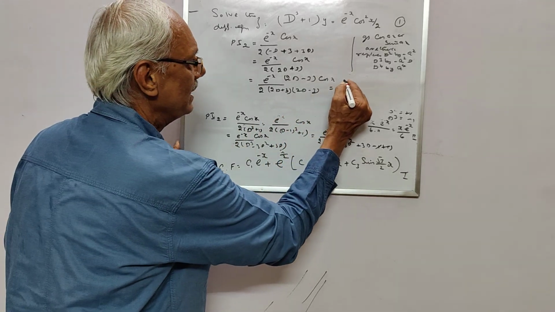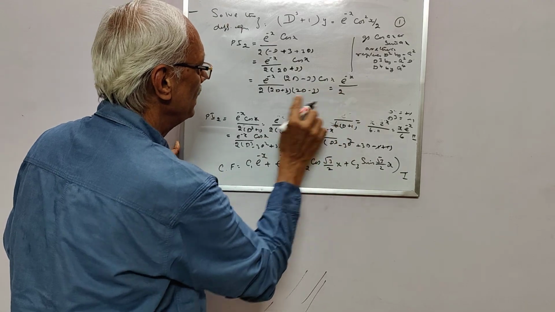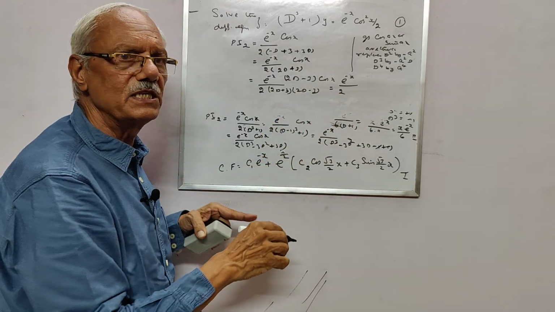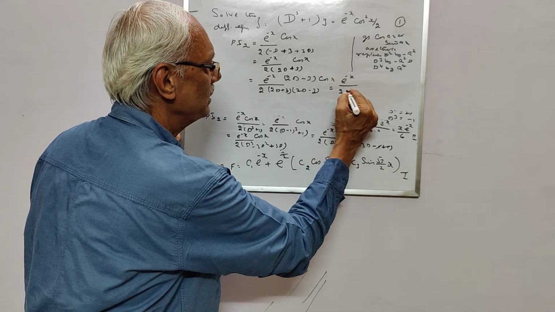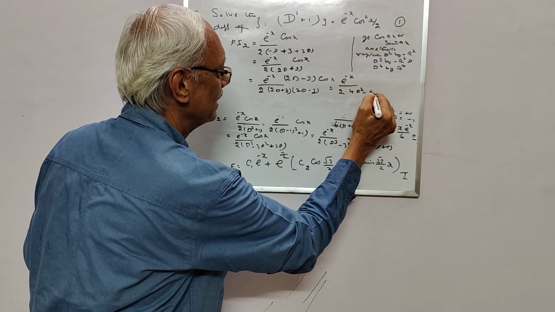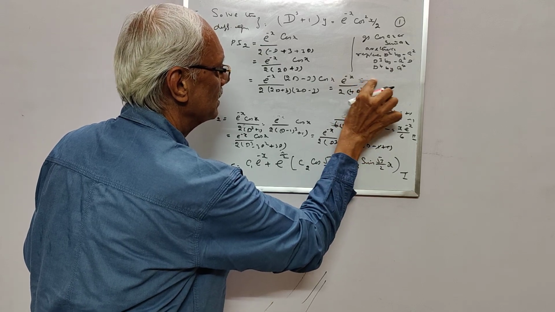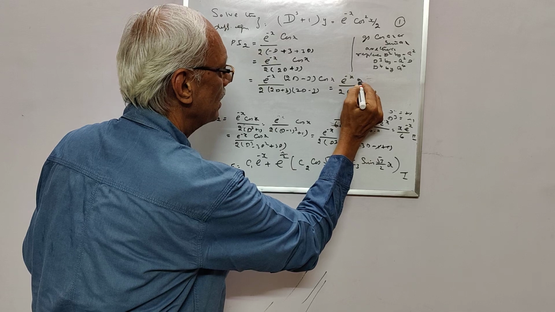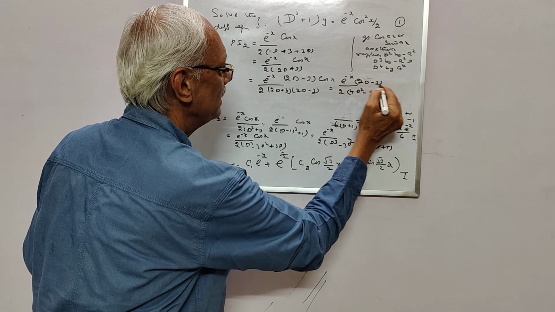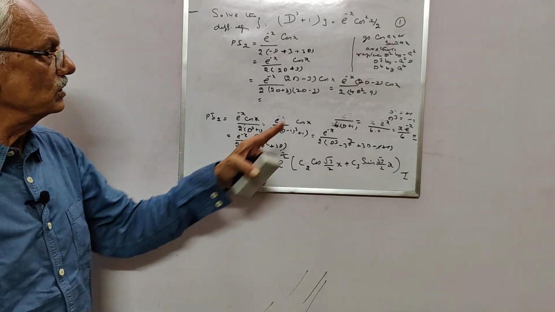So you see that it is e to the power of minus x divided by 2 into, this is of the form a plus b into a minus b formula. So this is equal to 4D squared minus 9. So 4D squared minus 9 into, it is 2D minus 3 into cos x.